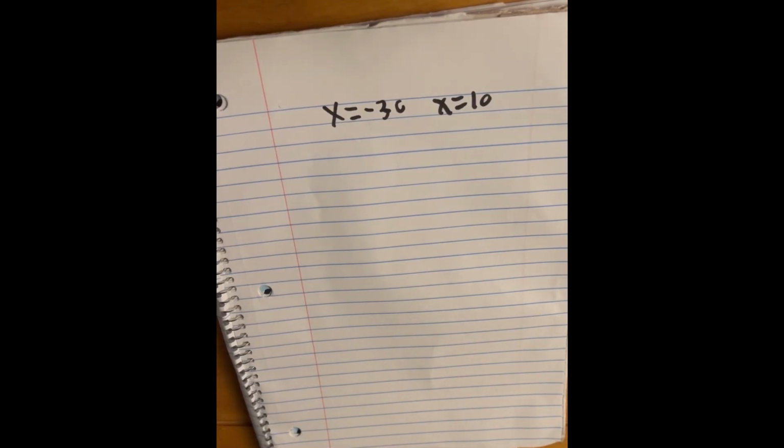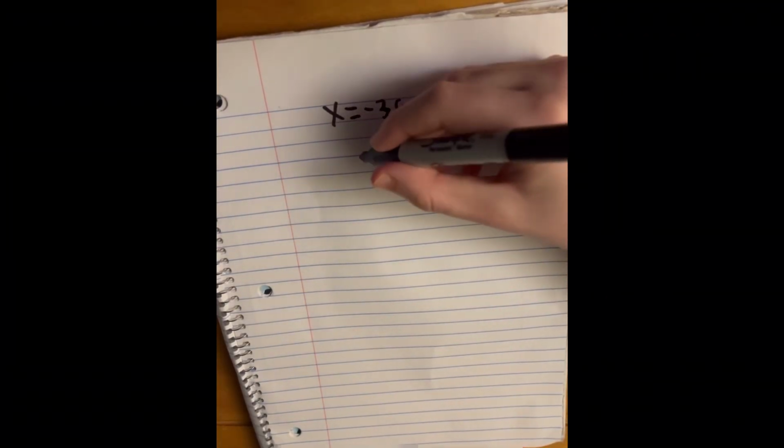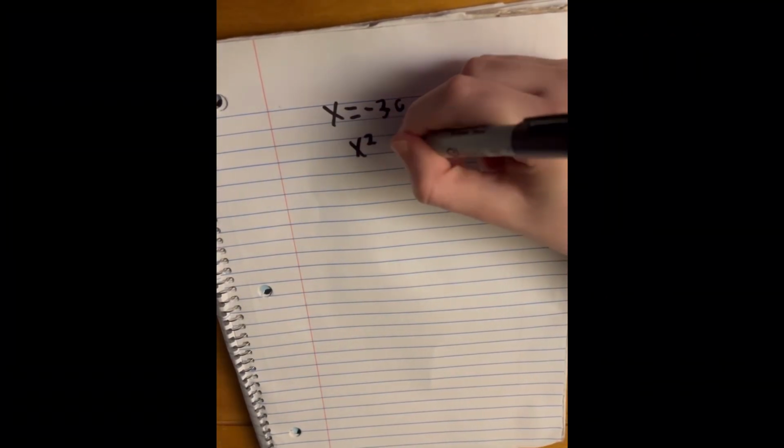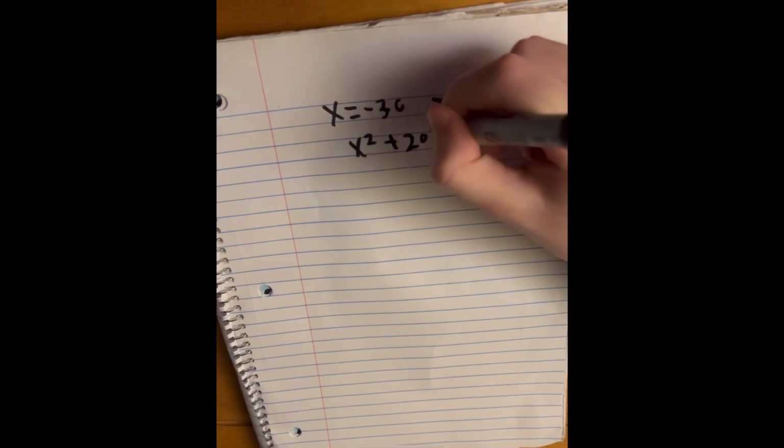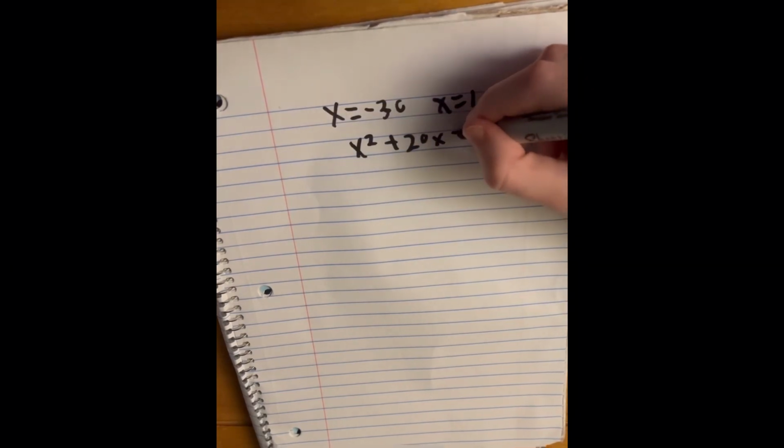We can test if this is correct by plugging it into our equation x squared plus 20x equals 300.